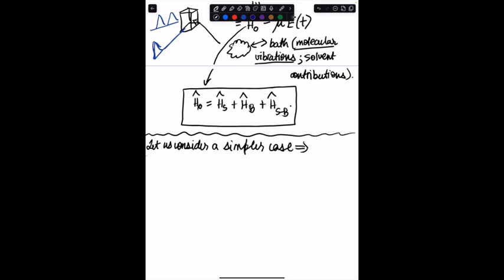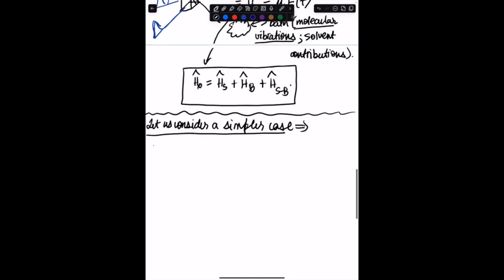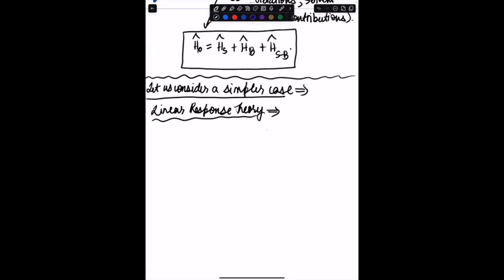So in the simpler case, let us go back to linear response theory. I suppose I have not introduced linear response theory previously, so there's nothing to go back to, but linear response theory would involve the perturbation of your sample with only one incident light field. So let's just say you have some sample and you have a single light field which perturbs this sample and then your signal is collected.